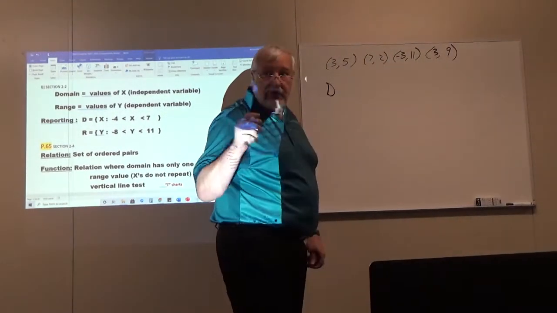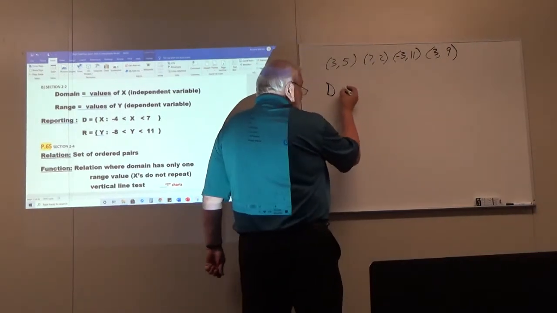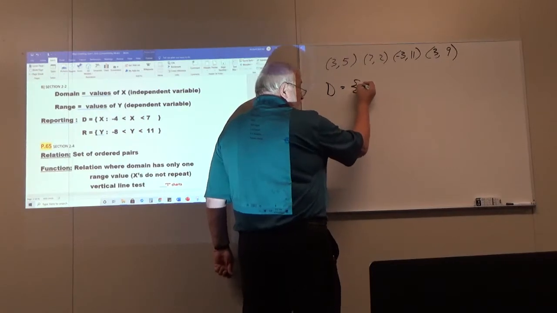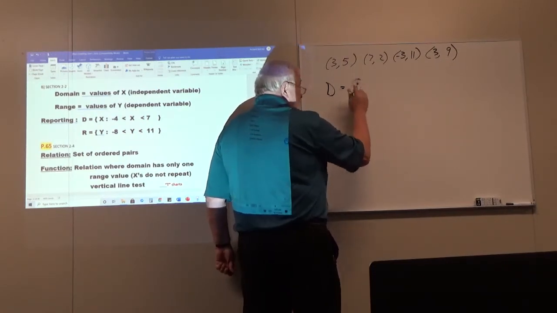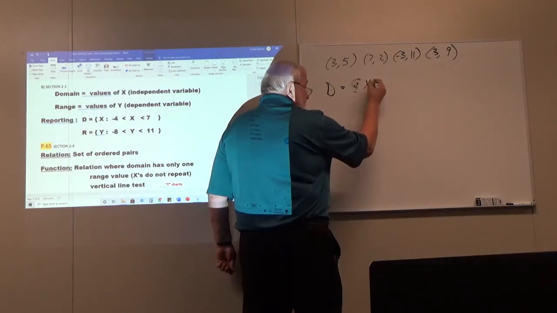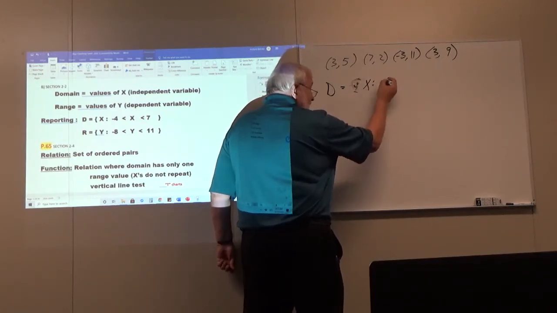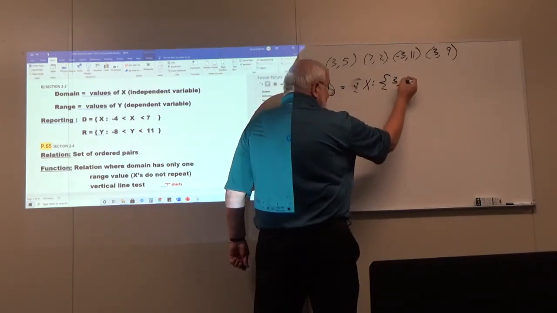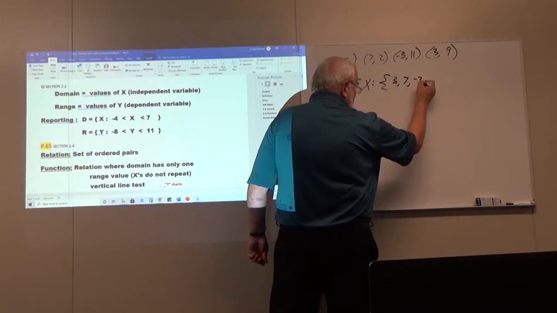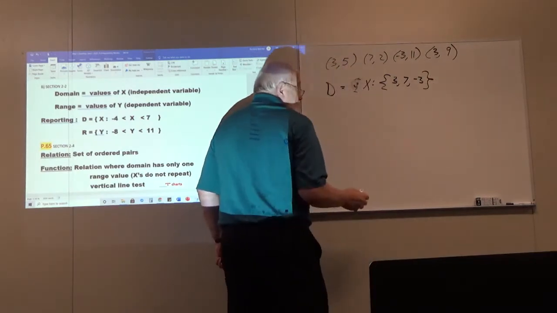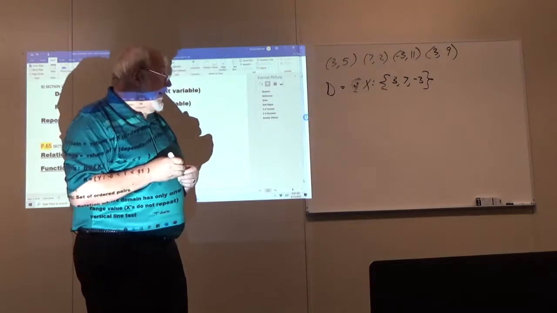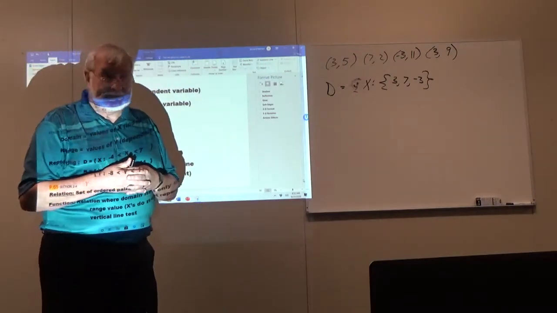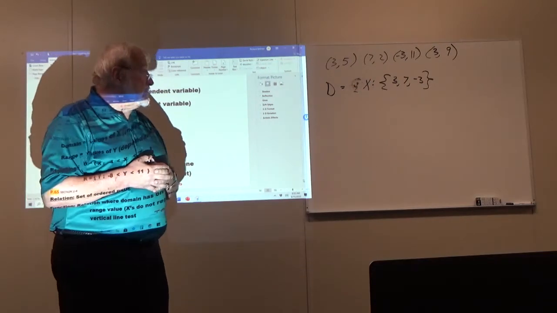using our notation terminology, the domain is the set. Oh, wait a minute, I'm sorry. The domain is the values of x such that they are part of the set, and in this case, I would say 3, 7, -3. Now what would you do for range?